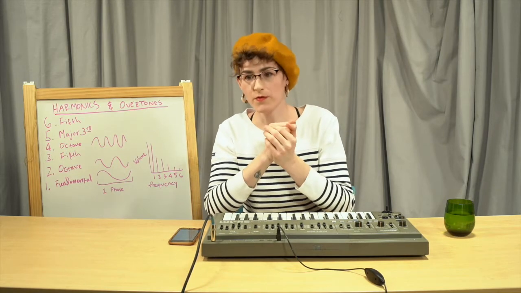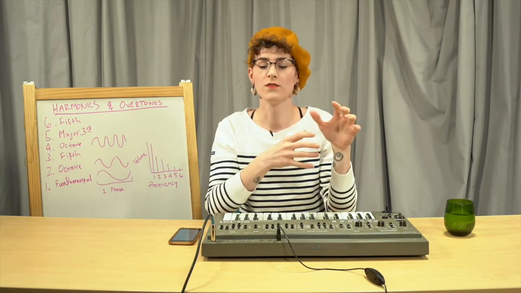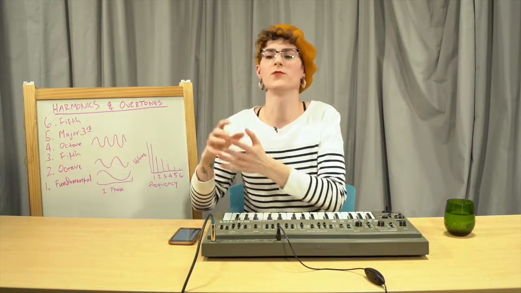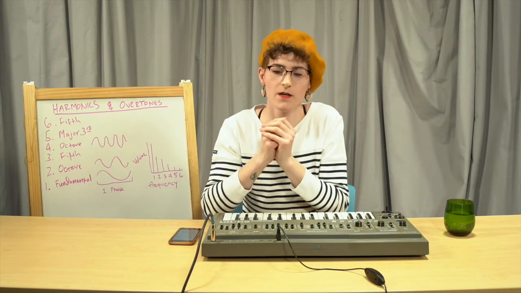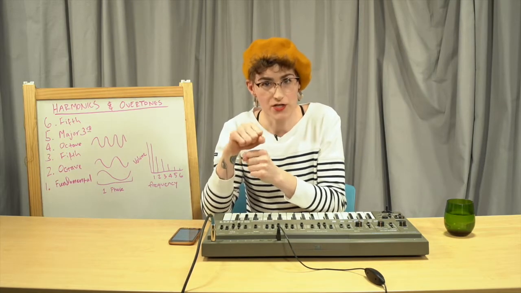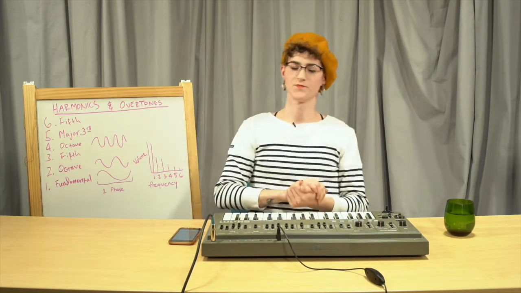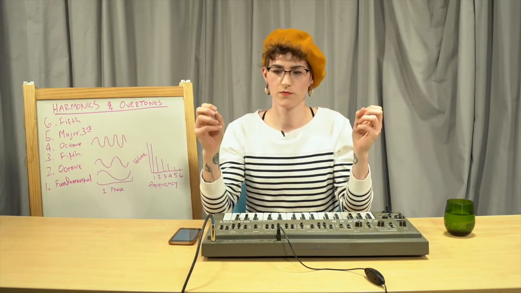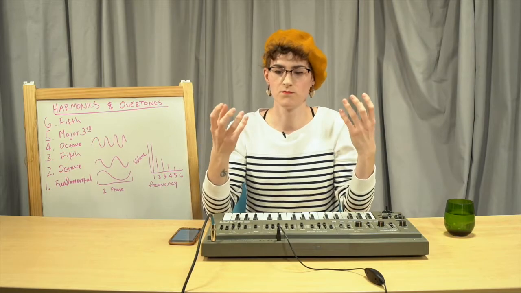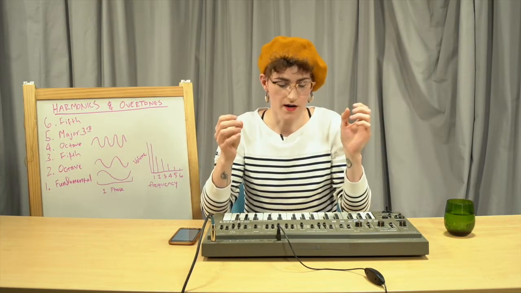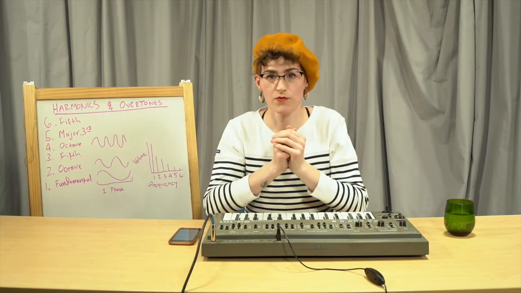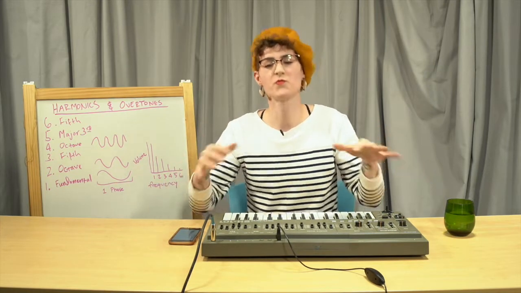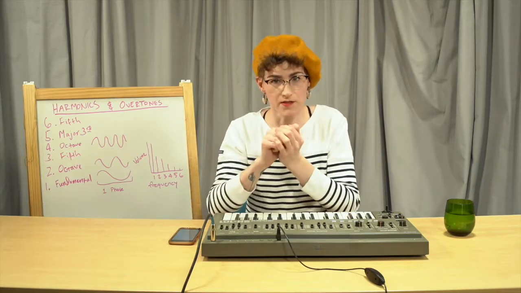For example, a flute is a round, warm, duller sound when compared to a violin, which is a very bright, can be sometimes brash sound. And both of these instruments employ the same mechanisms for sound, and these mechanisms we find in the synthesizer.